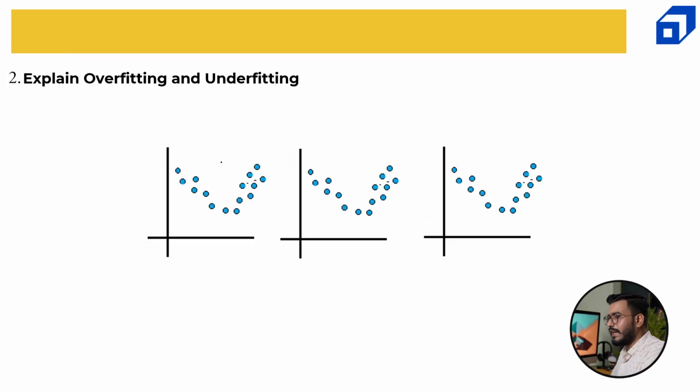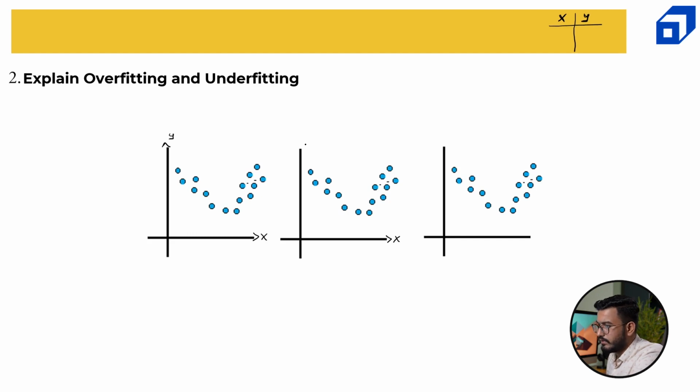In order to understand overfitting and underfitting, here I have created 3 images, and these are my 3 plots with the data on x-axis and y-axis. So just assume that we have a data like this. I'll draw it over here. We have some x data, we have some y data, and we have plotted it.